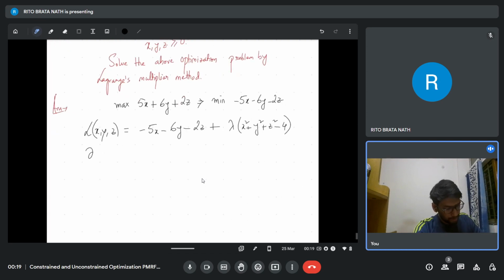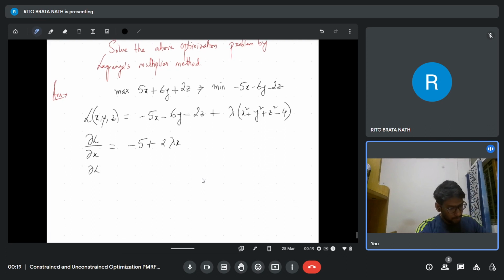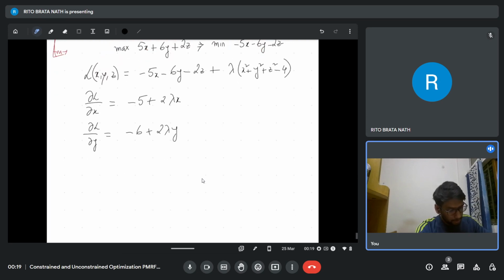Now we will be taking del L by del x, which is minus 5 plus 2 lambda x. Del L by del y, which is minus 6 plus 2 lambda y. Finally, del L by del z, which is minus 2 plus 2 lambda z.